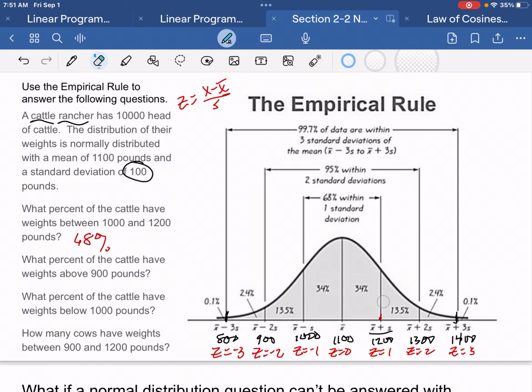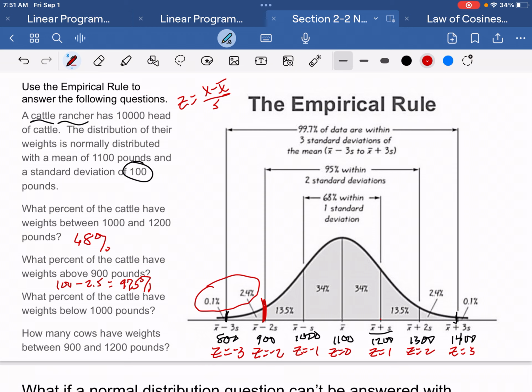Okay, well, let's see. Above 900. Add up all the percentages to the right of this line, or you can add up these two and subtract from 100. So that would be 100 minus 2.5 is 97.5% of his cattle have weights above 900.